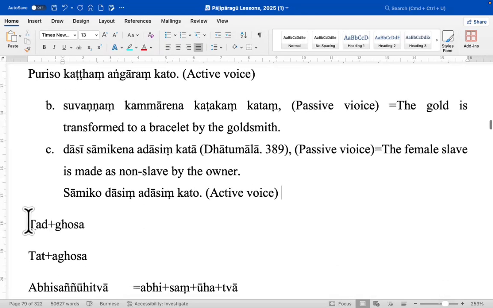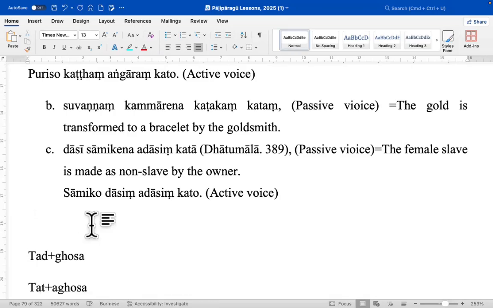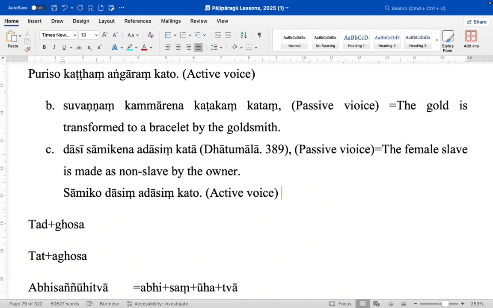The example he gives is with akāsi. He also used the same words, like suvaṇṇaṃ kaṭakaṃ karoti, just modified a little. That's why it's enough. It is understandable, right?